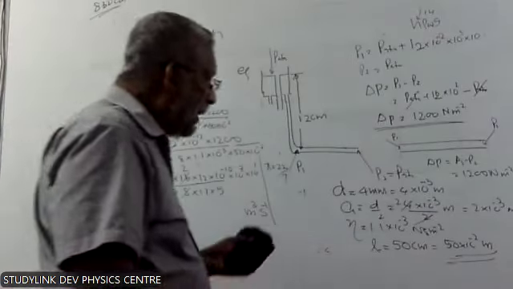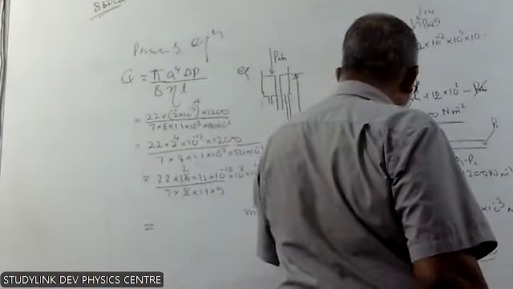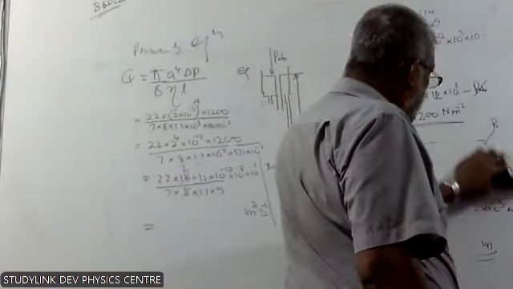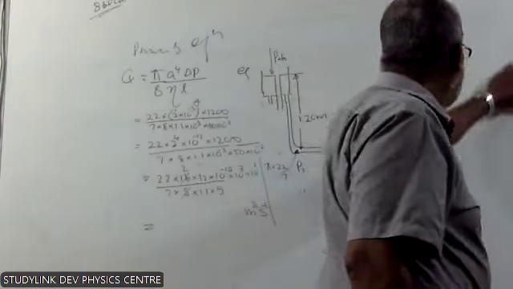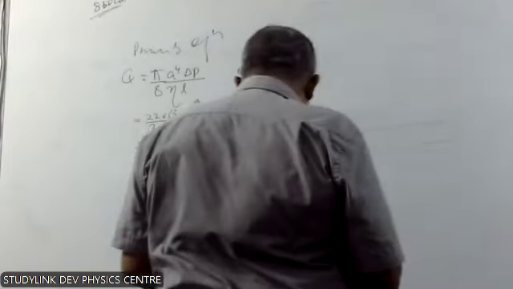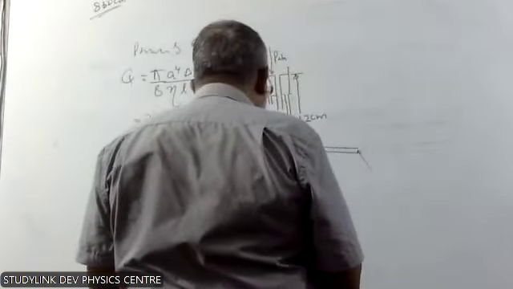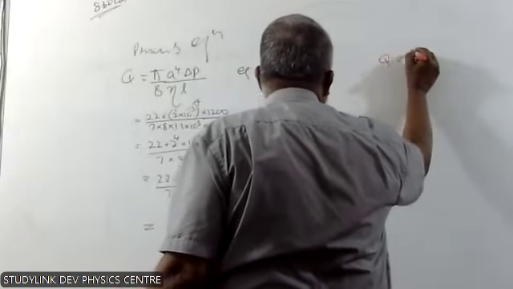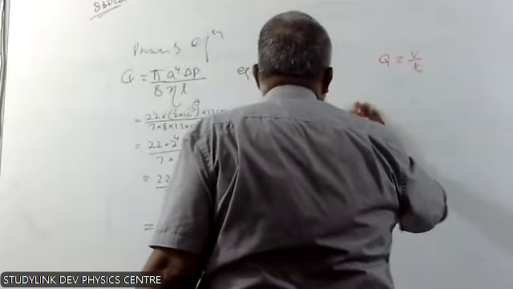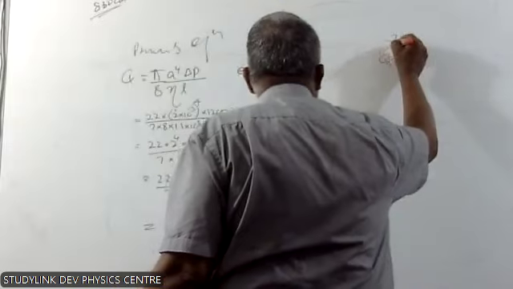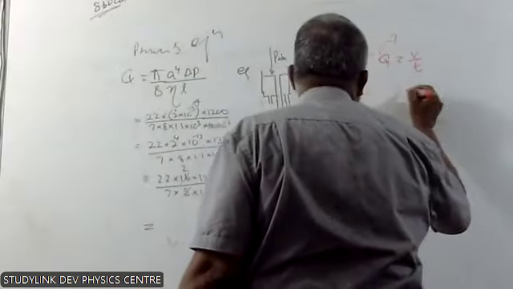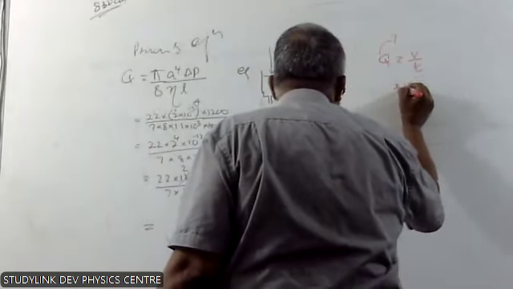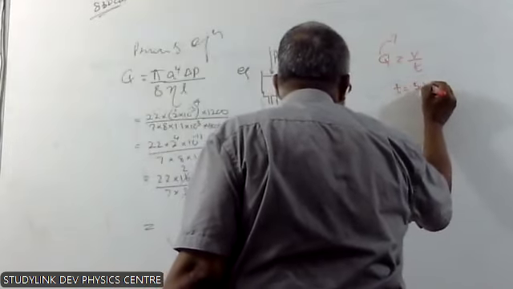Right. Next part I am asking for 5 minutes and 2 hours. The amount, that means the volume, passes through the tube. So then Q is found. After that, Q is equal to V over T. So Q is found from here. Then for 5 minutes, T is equal to 5 minutes.